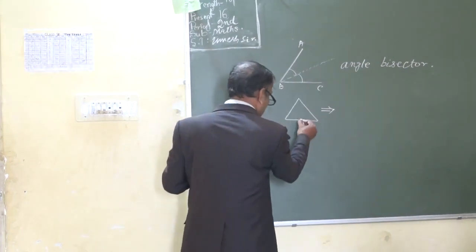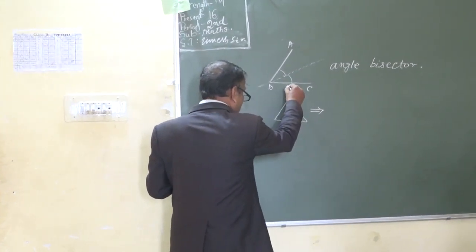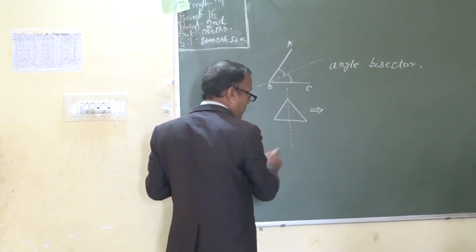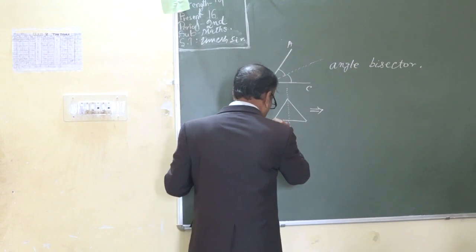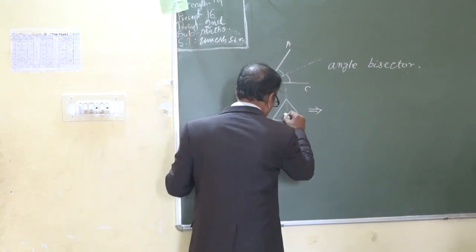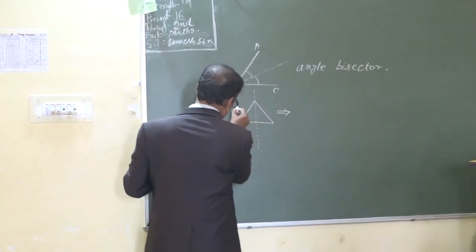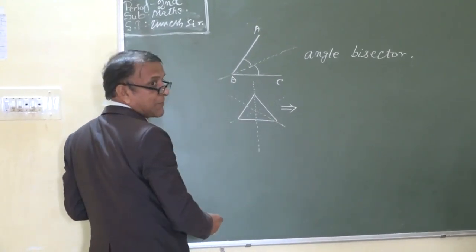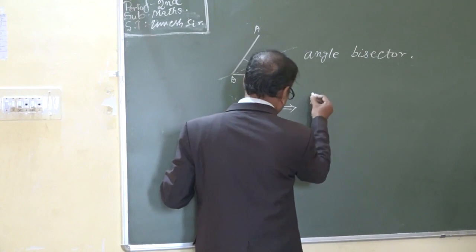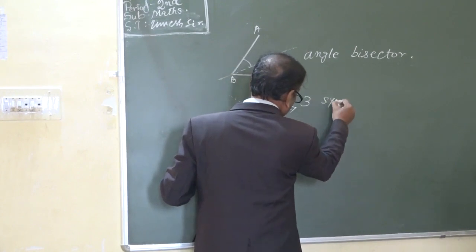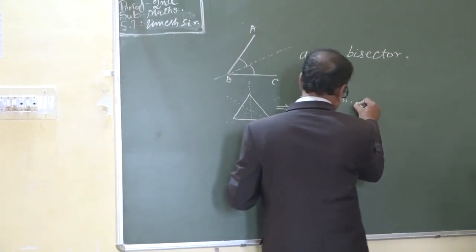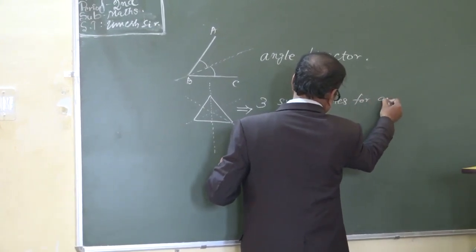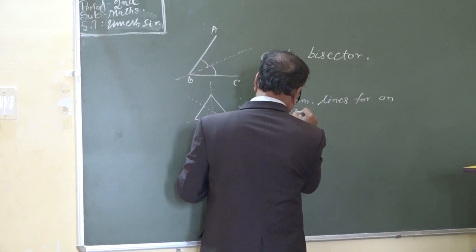So three symmetrical lines, the lines passing through any one vertex to the midpoint of the opposite side. It is an equilateral triangle, meaning all the sides are equal. So these are the three symmetrical lines for an equilateral triangle.